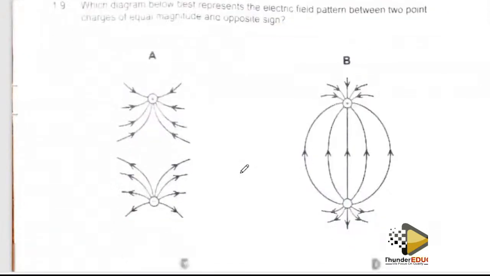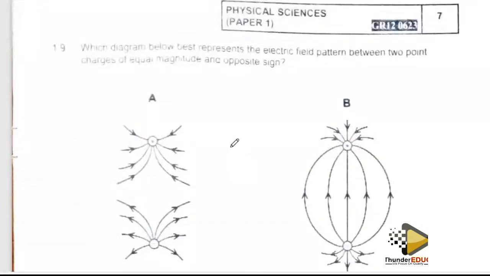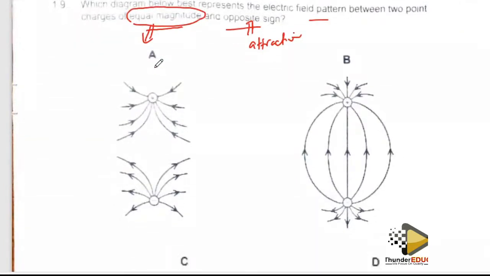Then 1.9, which diagram below describes the electric field pattern between two point charges of equal magnitude and opposite signs. So when you talk of opposite signs, there's going to be attraction. When they talk of equal magnitude, you normally look at the field lines. The number of lines leaving one sphere must be equal to the number of lines reaching the other.